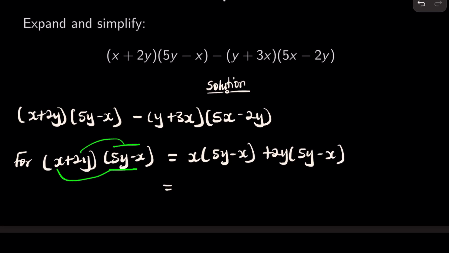So here we are going to have x times 5y will be 5xy, x times minus x will be minus x squared, then plus 2 times 5 is 10, so we're going to have 10y squared, then 2y times minus x will be minus 2xy.